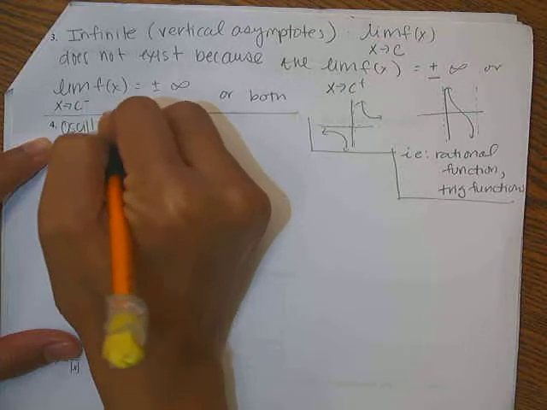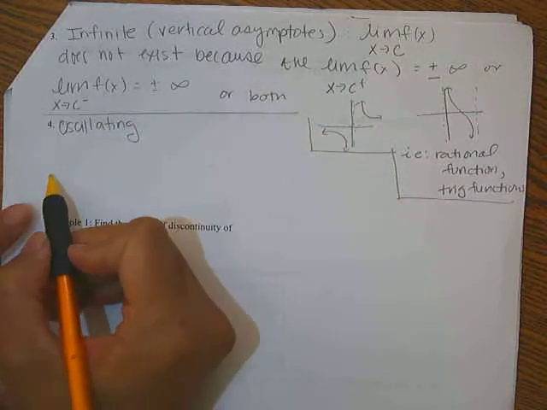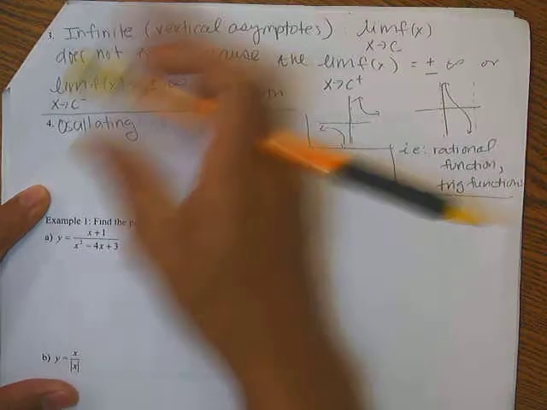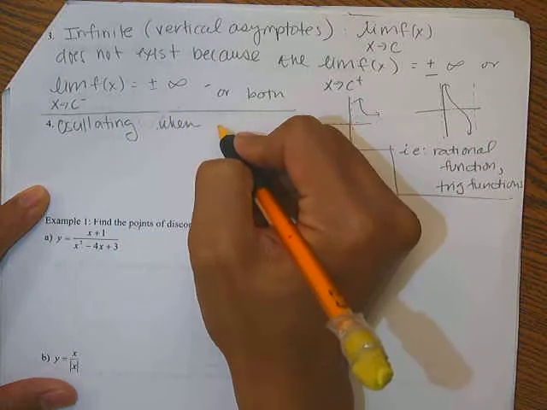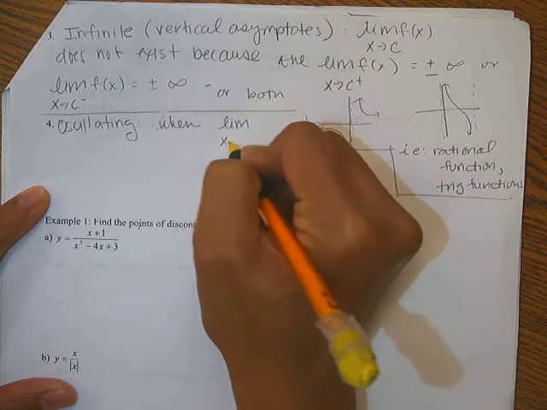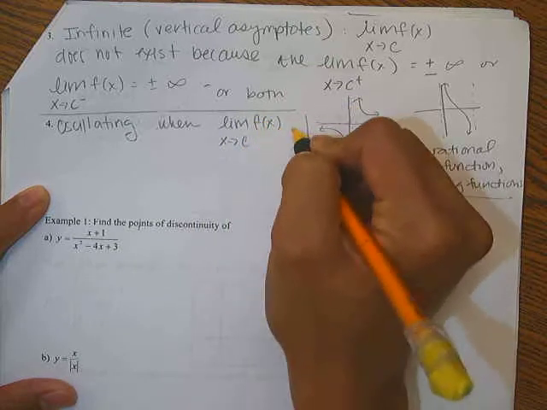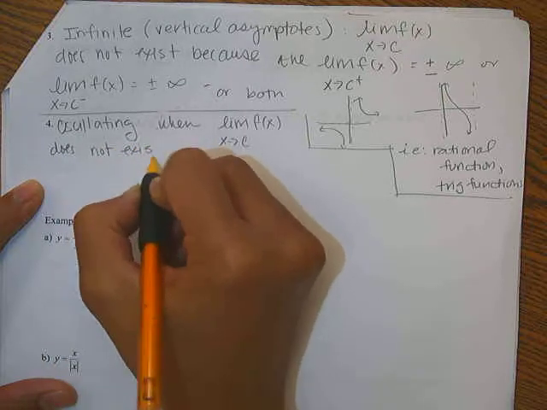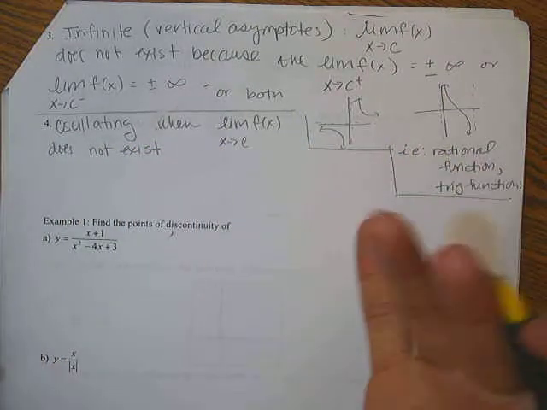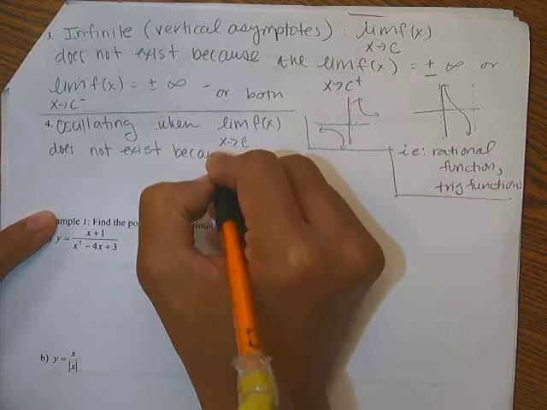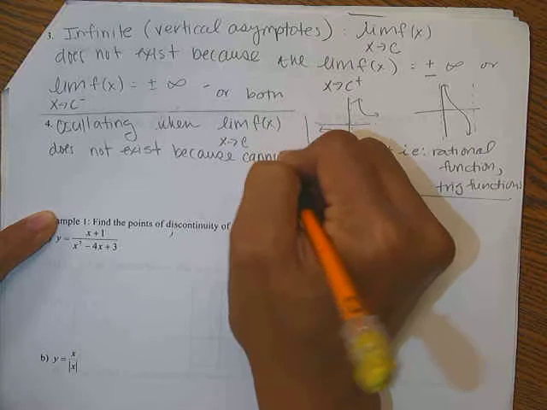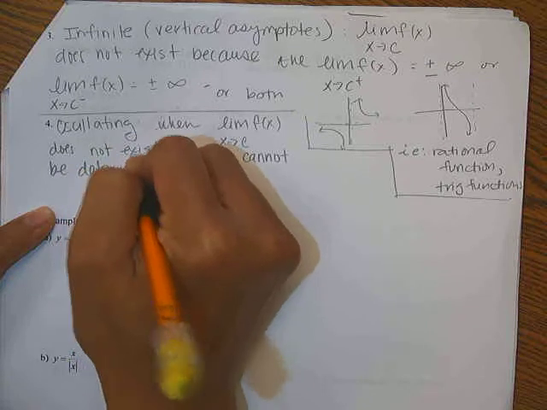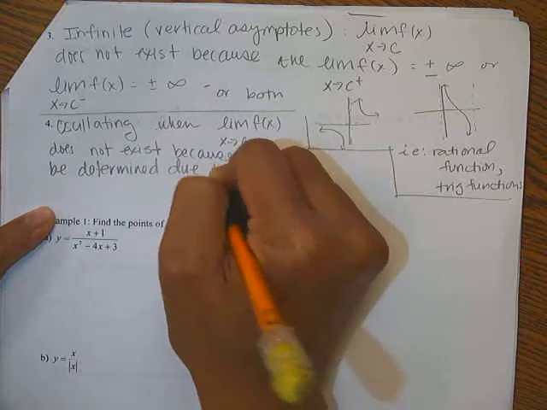Let's talk about when the limit as x approaches c of f of x does not exist, because it cannot be determined due to the oscillation.